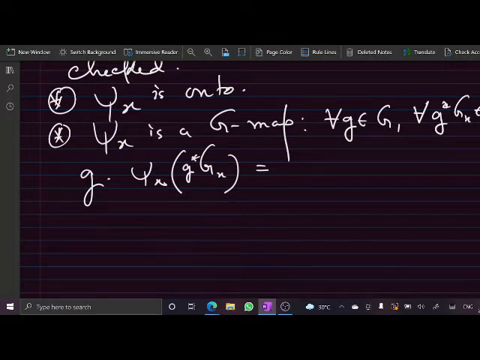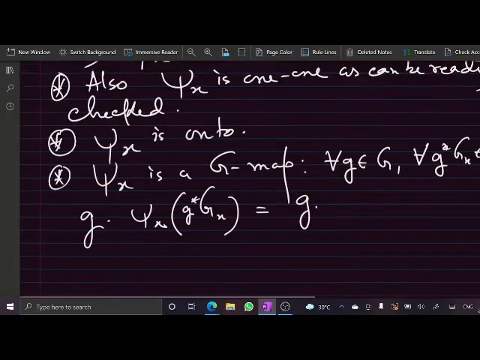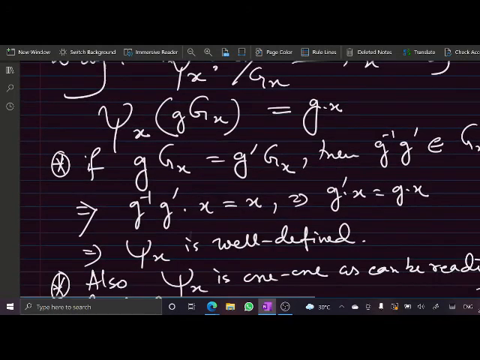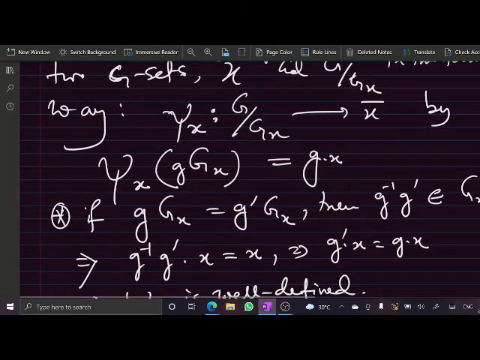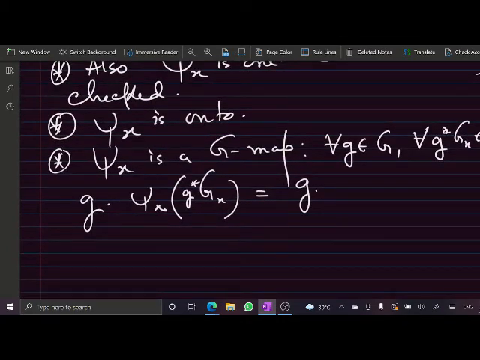So what is psi x of this? This has been defined as g dot G star x, G star dot x, right?